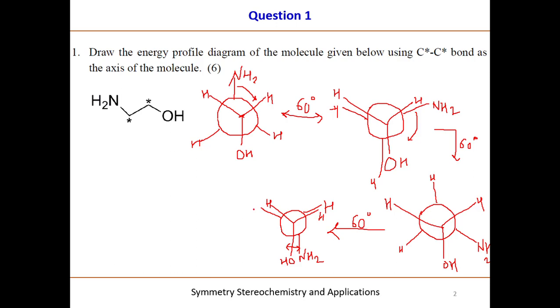One bond is behind the other one. That's why I am showing it this way. So this is again the eclipsed form. Again we will rotate it by 60 degrees. Then what will we get?